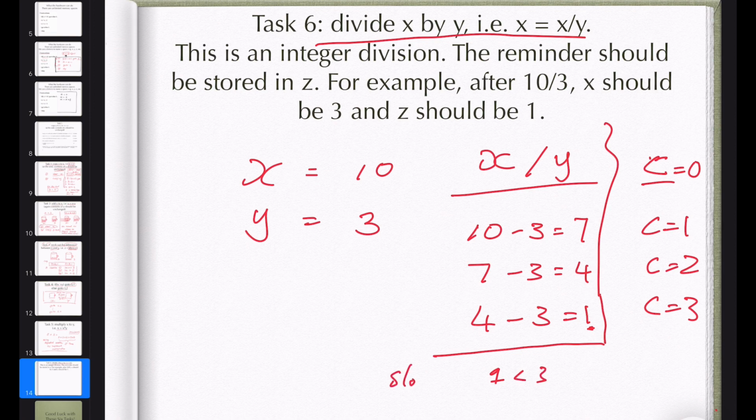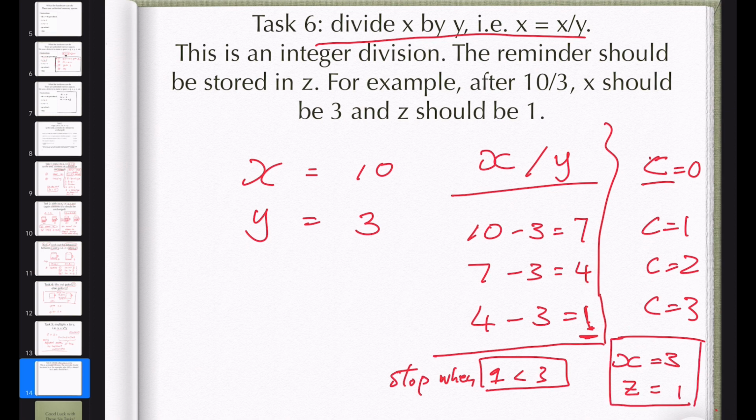We stop when this condition holds. You can't do the subtraction anymore. So the final value left here is the remainder. In this case, x divided by 3 is 3, and the remainder you should somehow put into z.